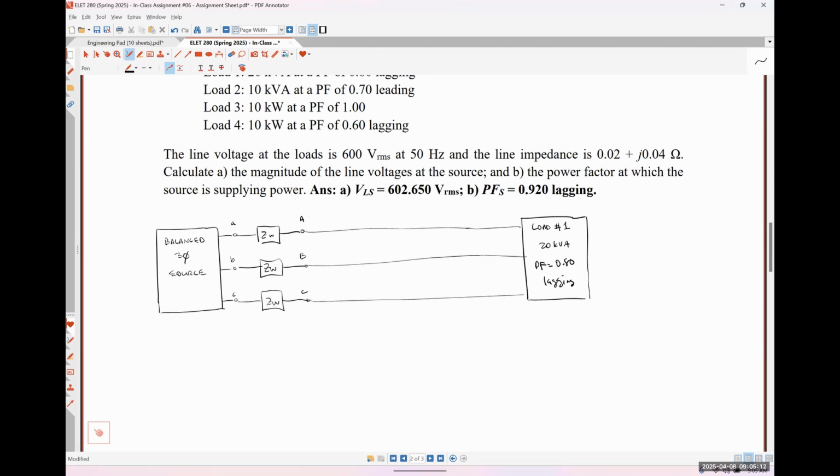And then I'm going to try to put 3 boxes down here representing the other loads.